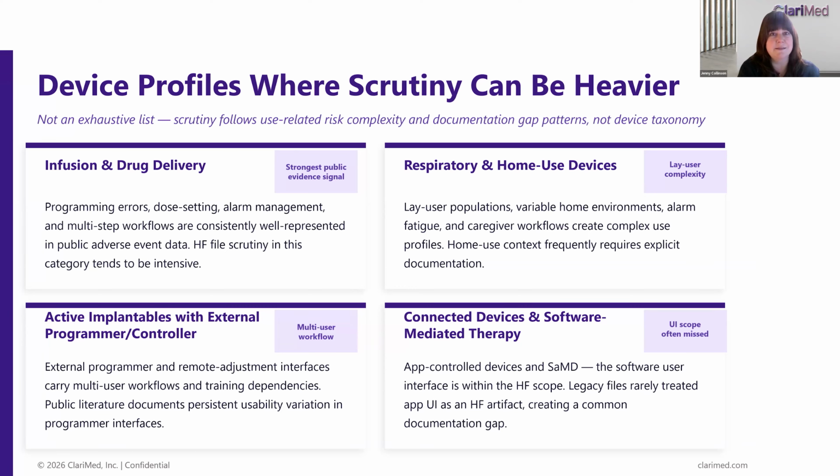Another area which adds a lot of complexity is where there's multi-user workflows. It presents a more complex profile and can result in multiple user interfaces and complexity that can result in use error and more use-related issues. So that could also result in increased scrutiny and increased focus on human factors engineering.